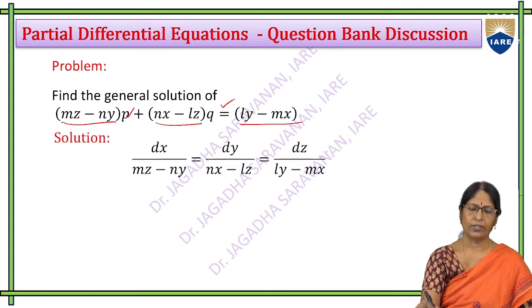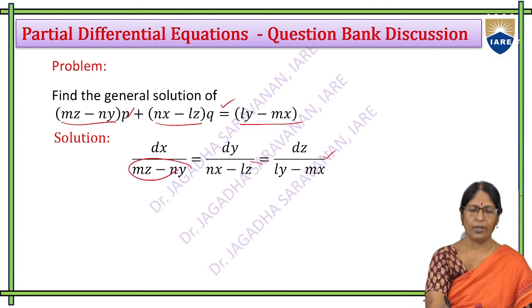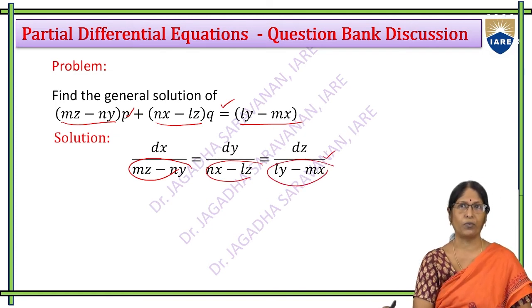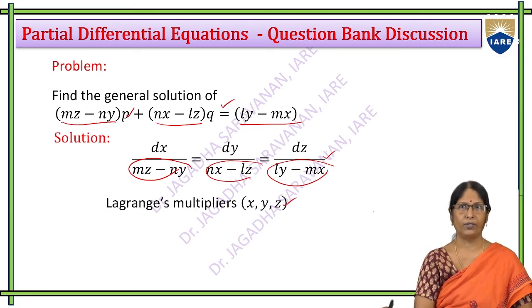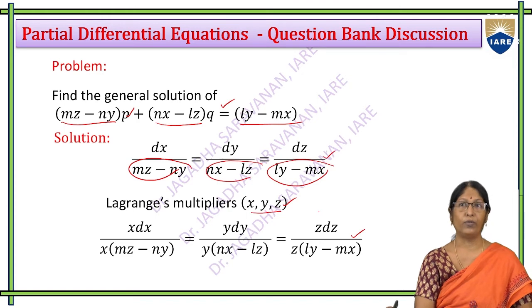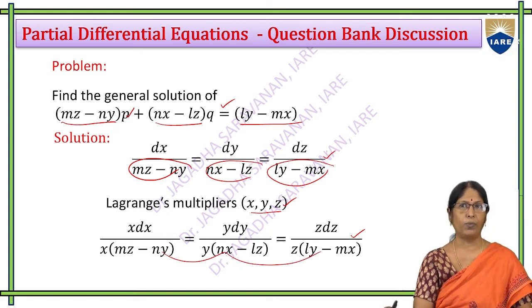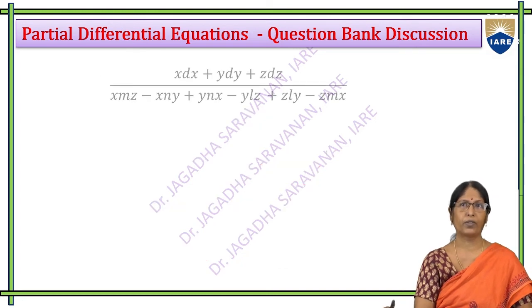Then we can substitute in the auxiliary equations dx by capital P, dy by capital Q, dz by capital R. We are taking the multiplier x, y, z. After multiplying, this is the result we obtained. When taking x, y, z, we know the Lagrange's multipliers condition: if we add all the denominators, the result should be 0. On that basis only, the selection is to be done.